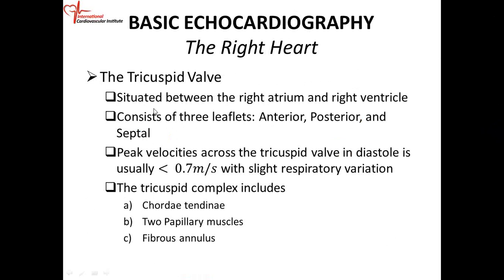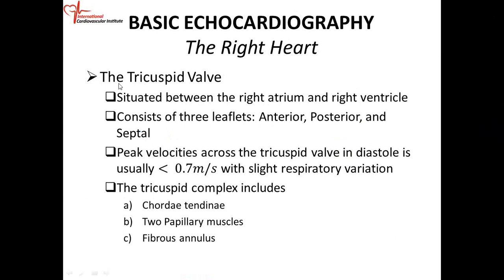So the tricuspid valve is situated between the right atrium and the right ventricle. It consists of three leaflets: the anterior, the posterior, and the septal leaflet. Usually, as we mentioned, the pressures on the right side are less than the pressures on the left side. So you'll find that the peak velocity across the tricuspid valve is usually less than that across the mitral valve.